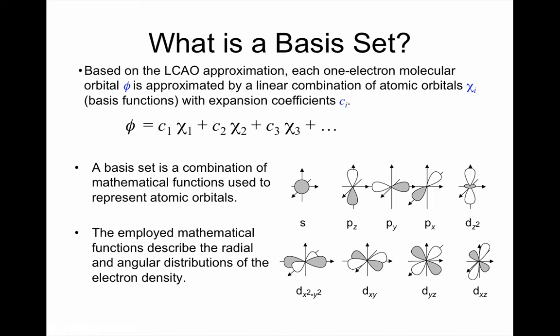So in general terms, a basis set is a combination of mathematical functions that can be used to represent atomic orbitals, at least when we are to use a basis set in order to represent molecular quantum chemical calculations.